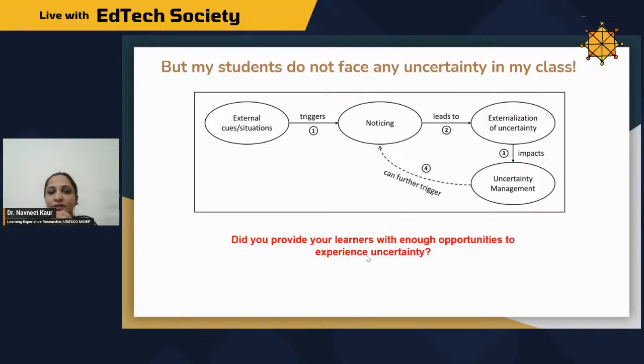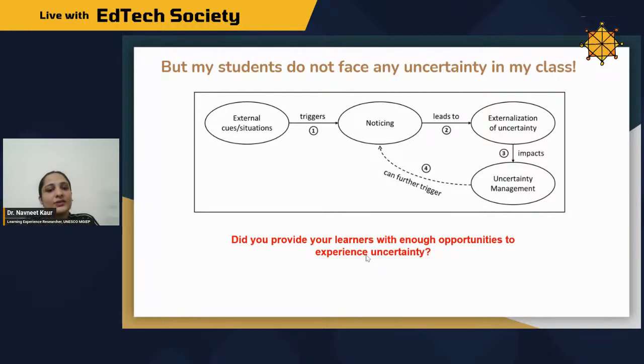So, this model or diagram that you see on your screen is telling how learners experience uncertainty and go about managing it. It always starts with externalizing uncertainty with external cues or situations that can trigger some critical noticing of the aspects of the concept or task that you're doing.